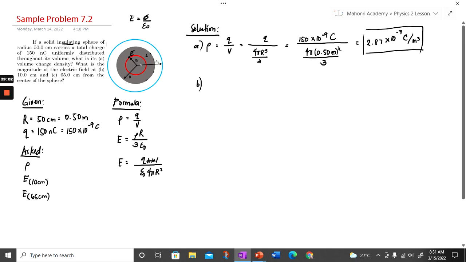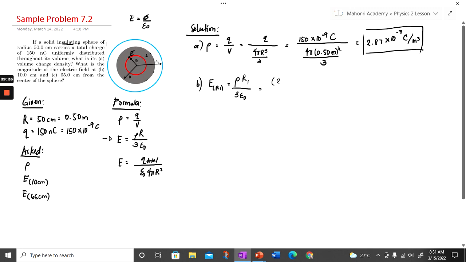By just using the volume charge density for R1, you can find the electric field for R1. So the electric field at R1 is equal to rho multiplied by R1, divided by 3 epsilon naught.